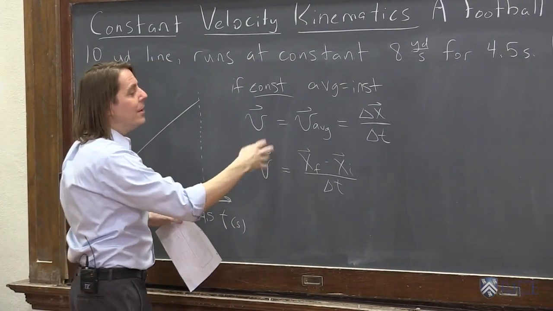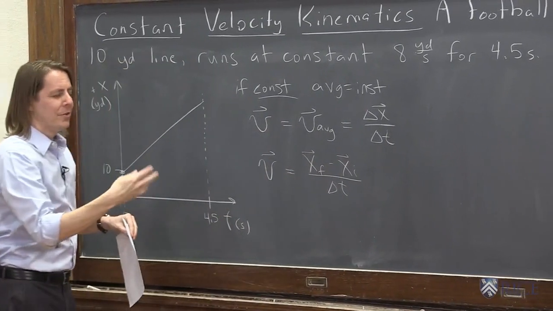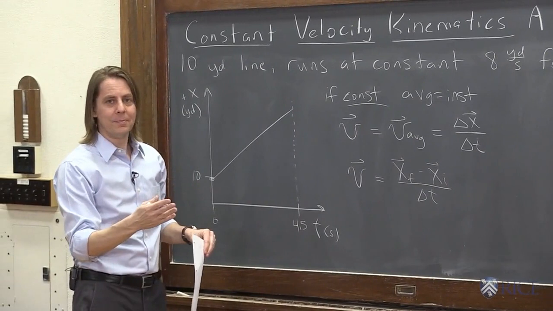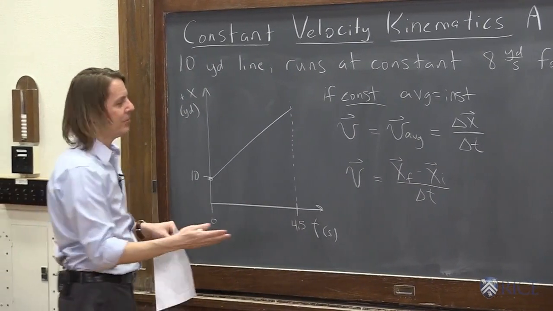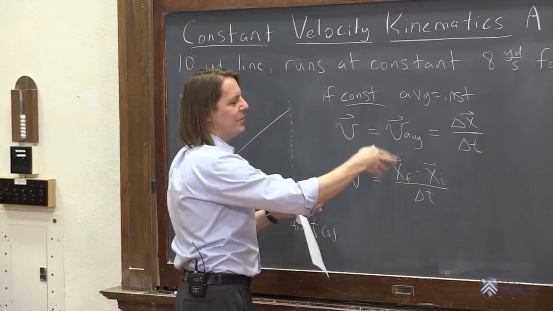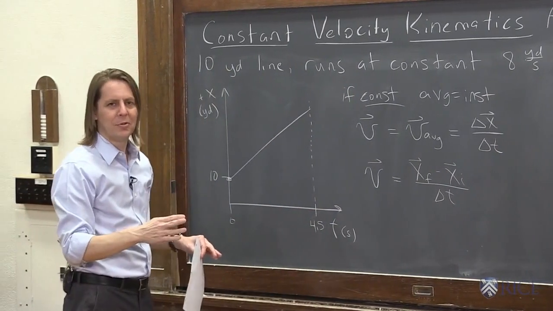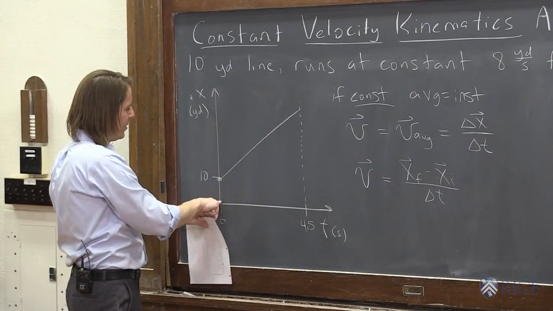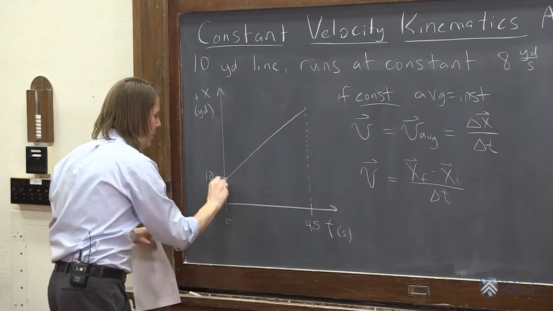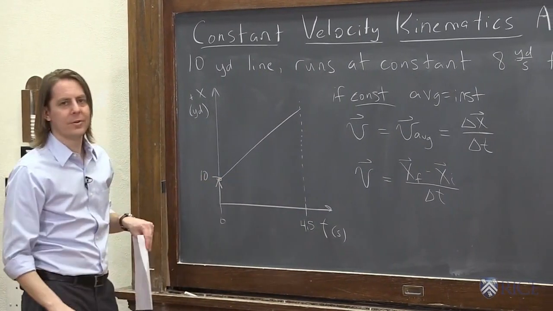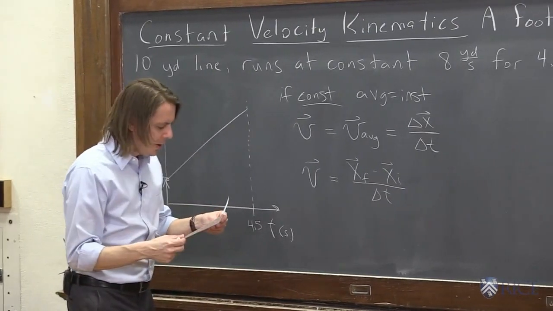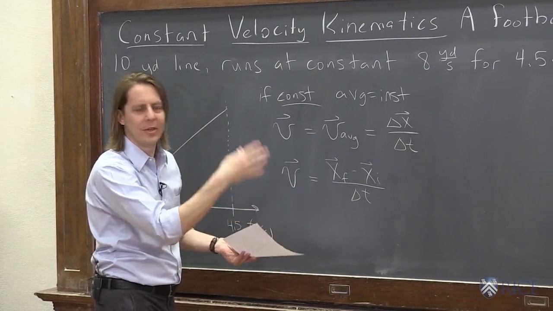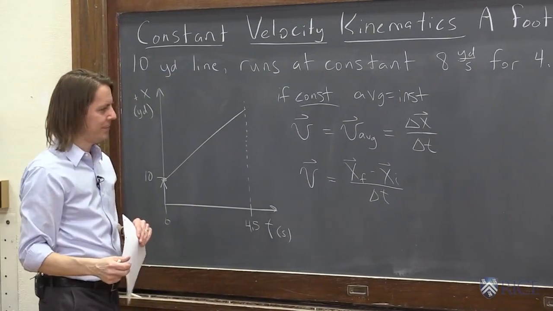So really, even though we introduce displacement as the vector, position is also a vector. Position is displacement from the origin. It's just that at the very beginning, we didn't describe them as vectors just to not confuse you. So if the origin is here and the first position is 10, there's the vector right there. That's the vector. So everything's a vector. And yes, it is unusual that I'm writing all this in vector notation when it's a 1D problem. But that's how I decided to do it.